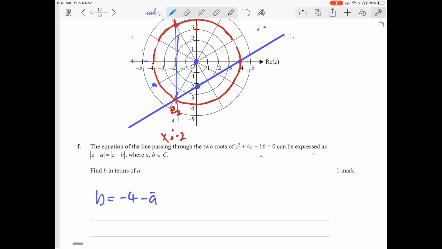I guess because the origin's there. Negative 4 there. B is relative to A, so it's negative 4 away from it always. Hopefully that's the right answer.